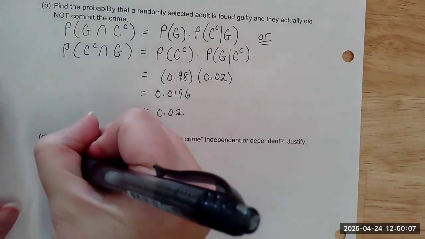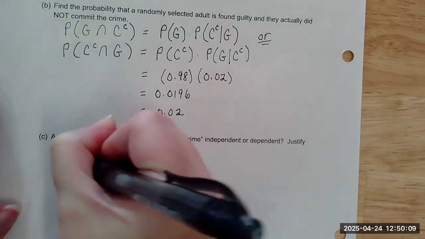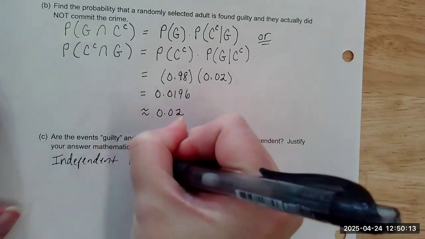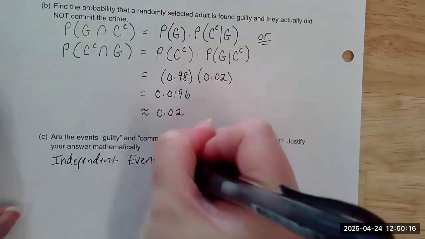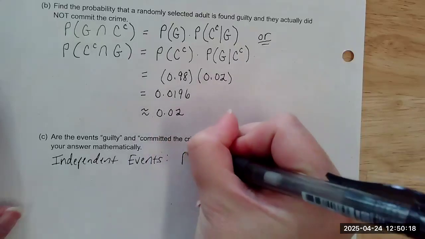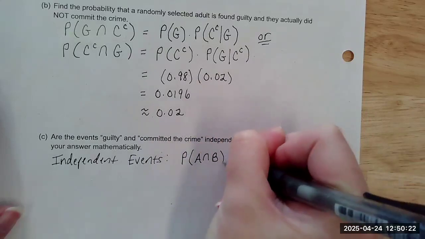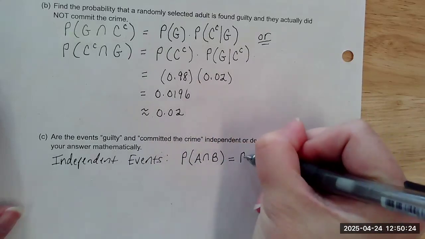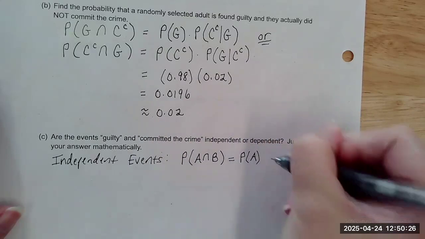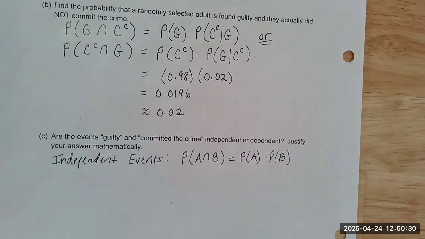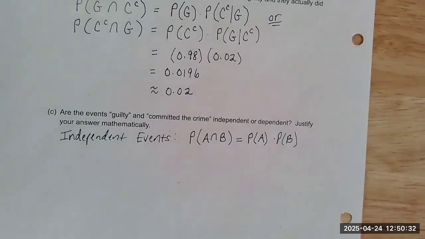So we got to remember that the definition of independent events is the probability of A and B is equal to the probability of A times the probability of B. That's the definition. So if that comes out to be true, then it means they are independent. And if it comes out to be false, then we say they're dependent.